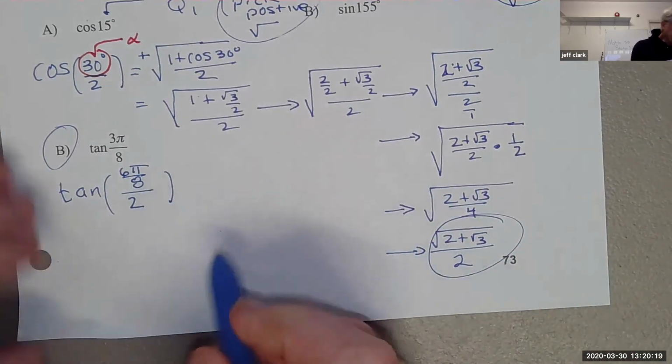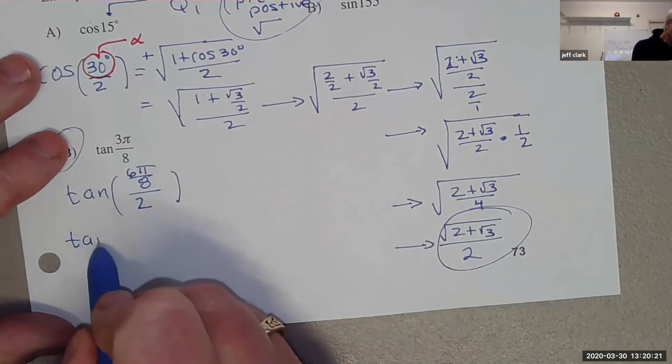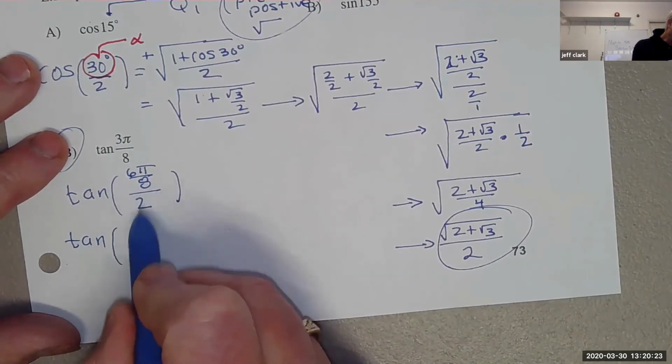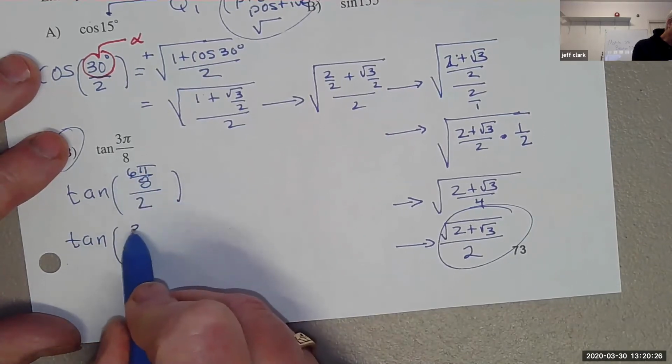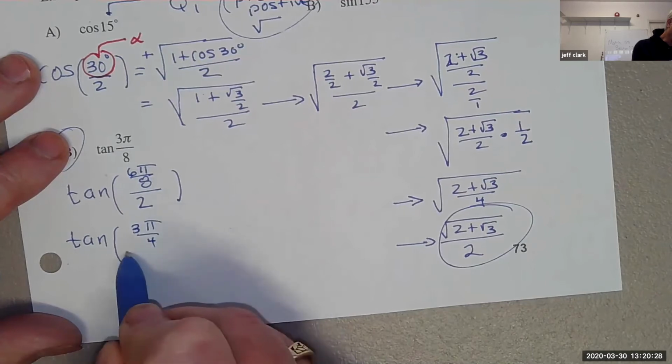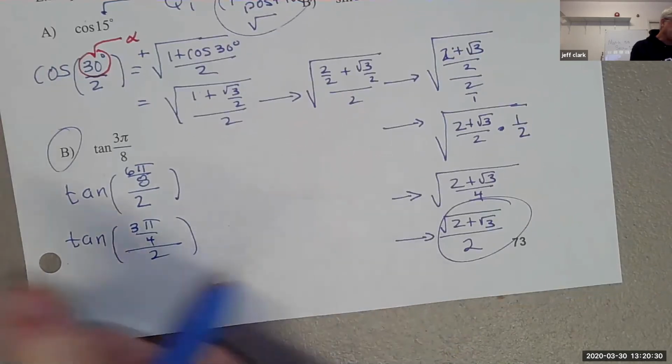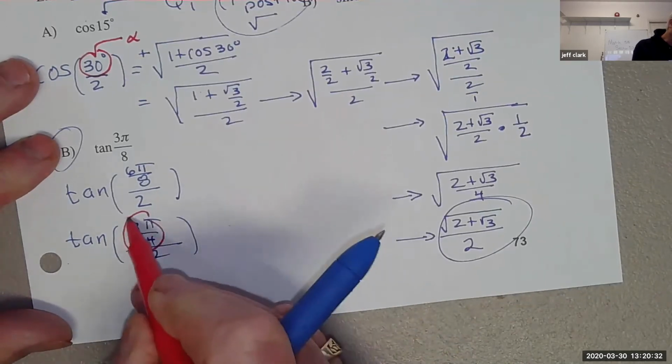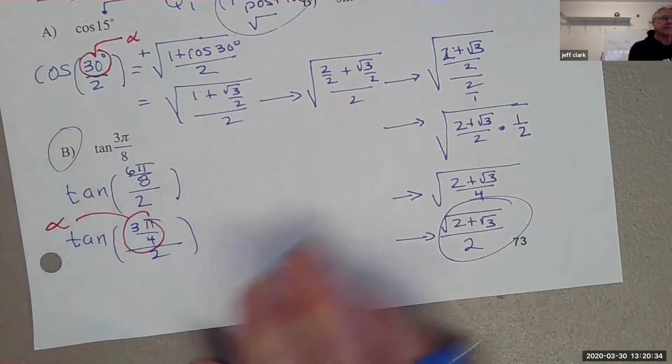Oh, and that can be reduced, 2 goes in that, to 3 pi over 4. And this is your alpha. That's your alpha.